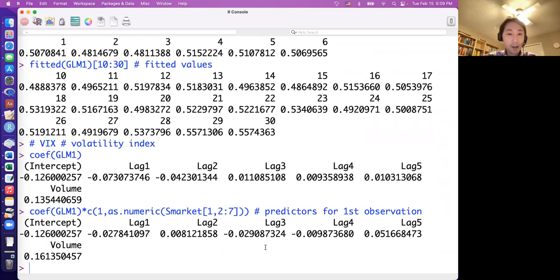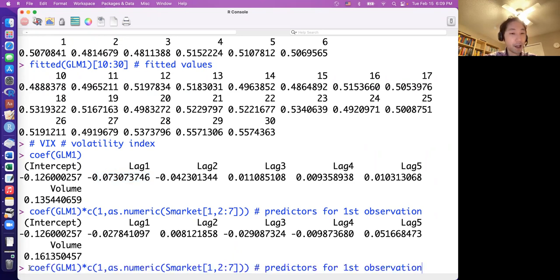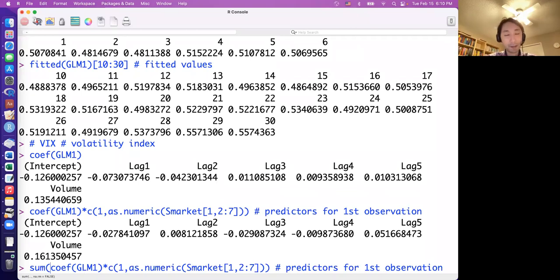Okay. So we can multiply it. So we multiply this by the predictor variable. Then if we take summation, we can calculate basically B0 plus B1 x1 plus B2 x2 up to BP xP.